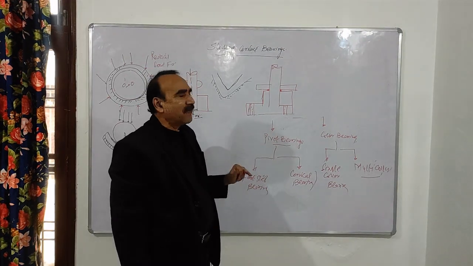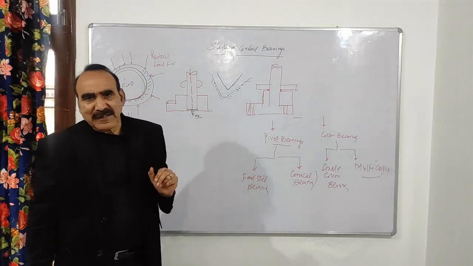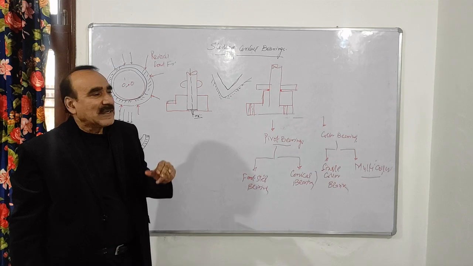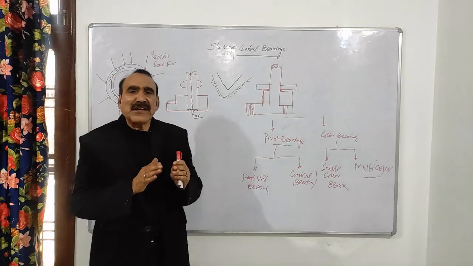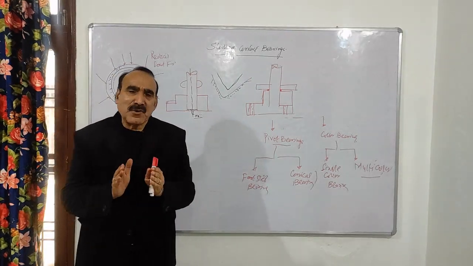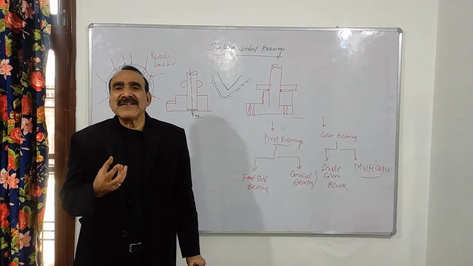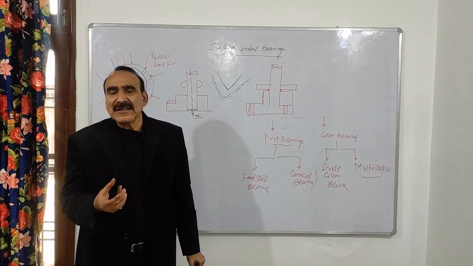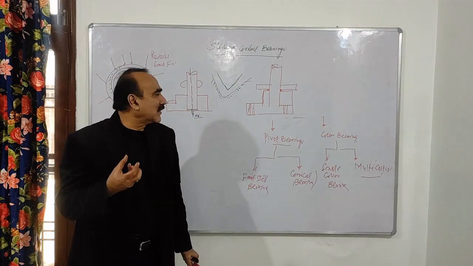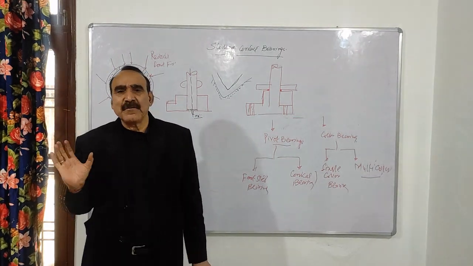So this type of bearing you can say collar bearing. समझ आया आपको? कॉलर बेयरिंग क्या है? कॉलर बेयरिंग में सबसे पहला पॉइंट जो आपको अंडरस्टैंड करना है कि कॉलर बेयरिंग में देयर इज नो डायरेक्ट कांटेक्ट बिटवीन द बेस ऑफ द शाफ्ट एंड द बेयरिंग.